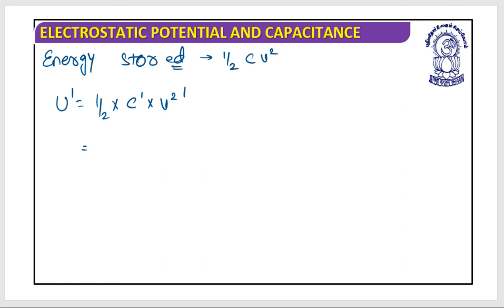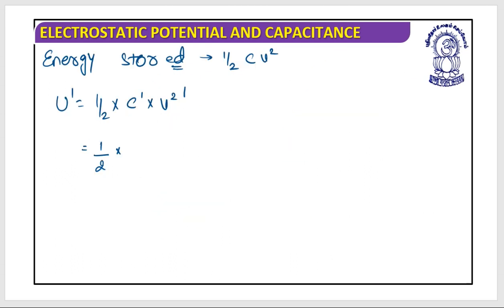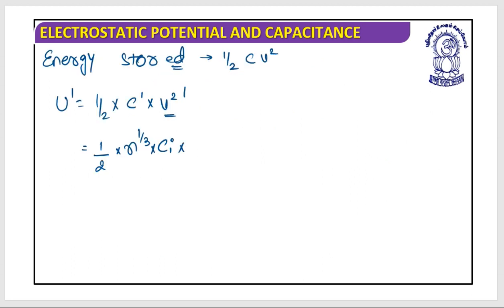Yes. So this is equal to half multiplied by my new capacitance, n to the power 1/3 into C initial, multiplied by V square. My new potential is equal to n to the power 2/3 into Vi. So this is n to the power 2/3 into Vi whole square.